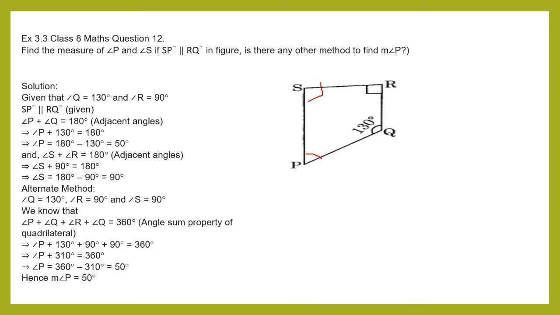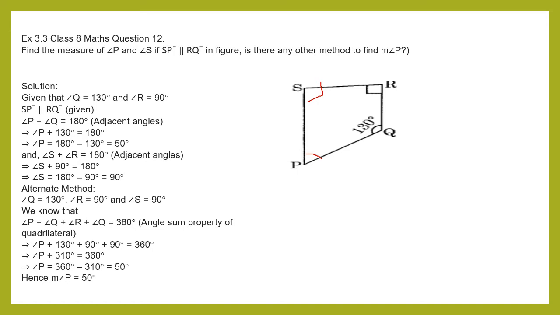Is there any other method to find the measure of angle P? So find the measure of these angles by using the properties of a trapezium or by using the property of a parallelogram. Is there any alternate method to find the value of P? They are asking for the other method also.